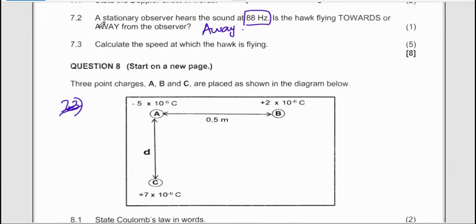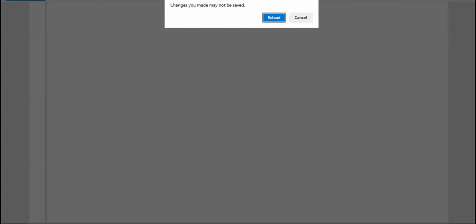7.3, so from the Doppler formula, we know that f_L equals (V plus or minus V_L) over (V plus or minus V_s) multiplied by the frequency of the source. We already have the velocity of the listener, which is 0. The velocity of the source is what we need.